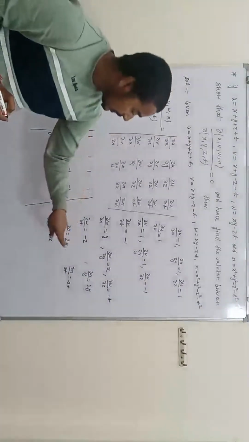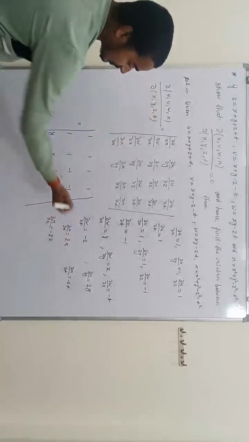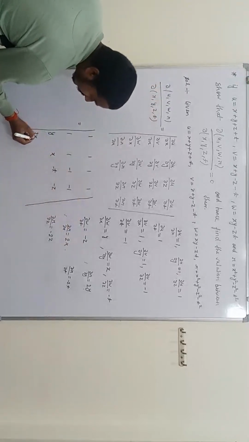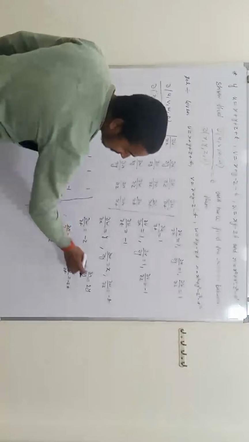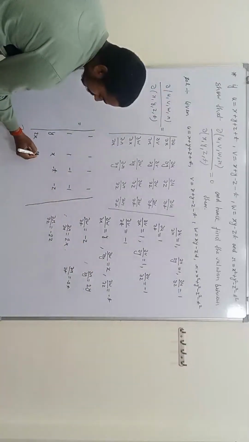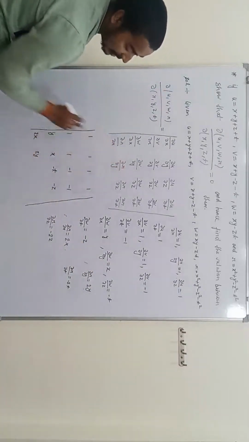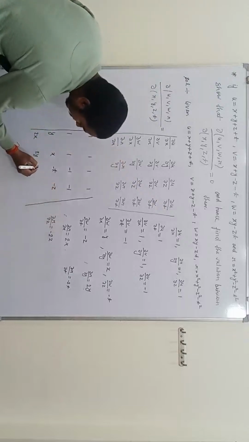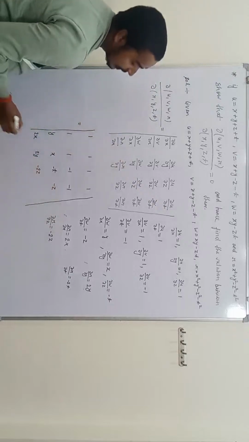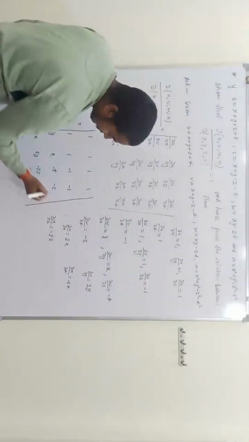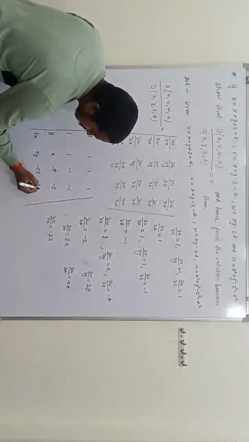Del r upon del x is given by 2x, and del r upon del y is given by 2y, and del r upon del z is minus 2z, and del r upon del t is minus 2t.